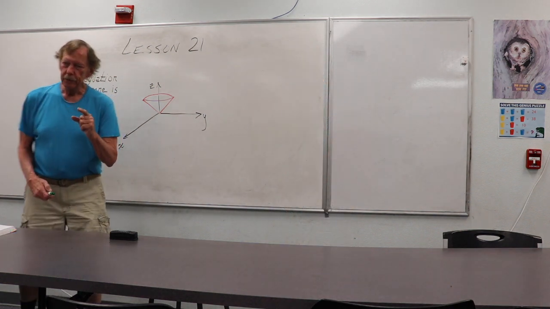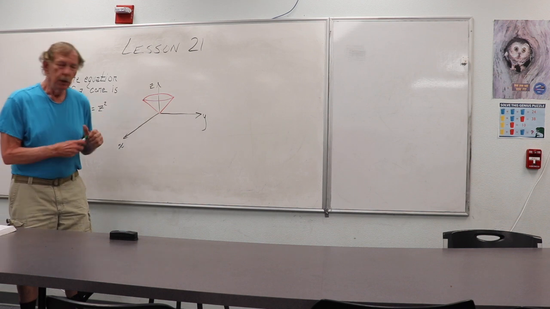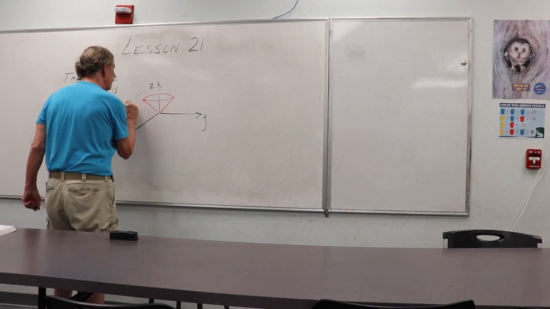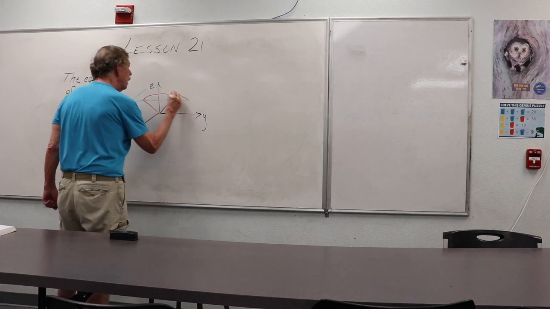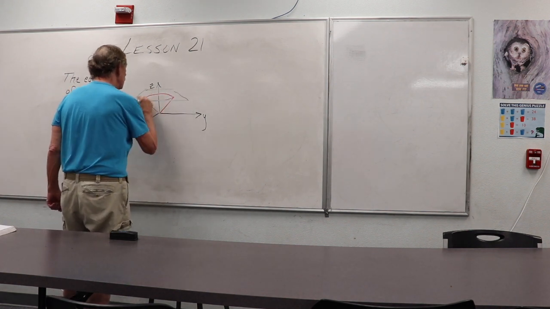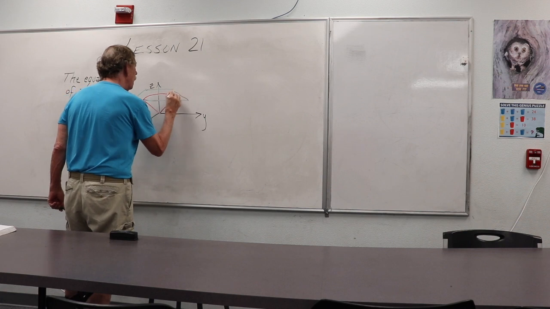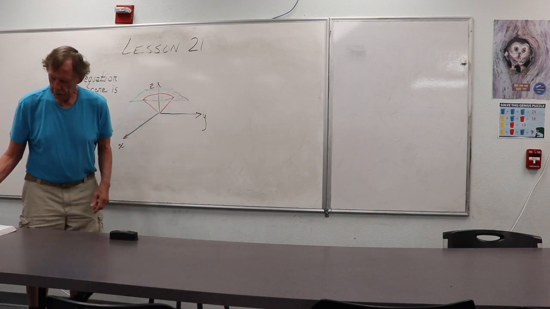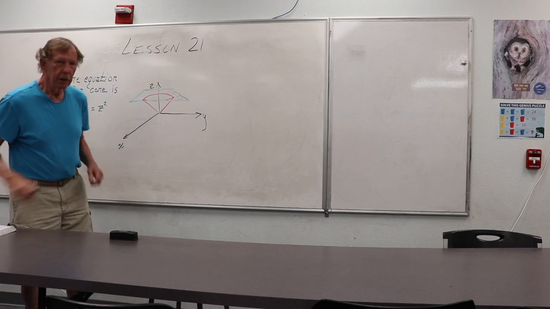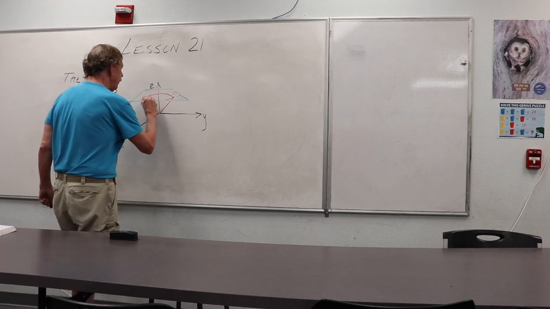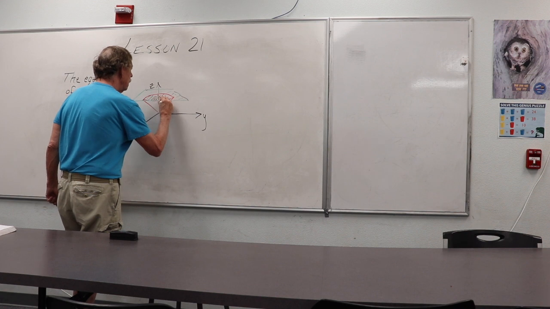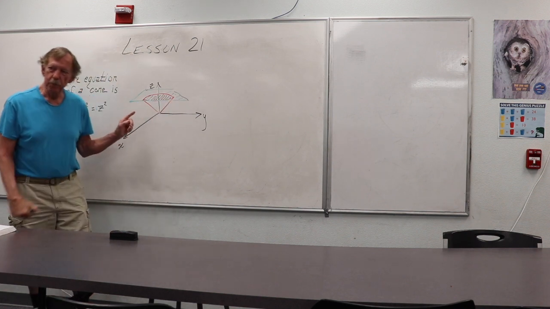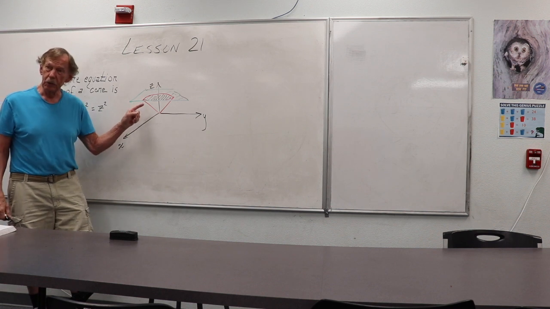If we cut through that cone with a plane, like that, the cross section that we get in that cutting plane is a circle.